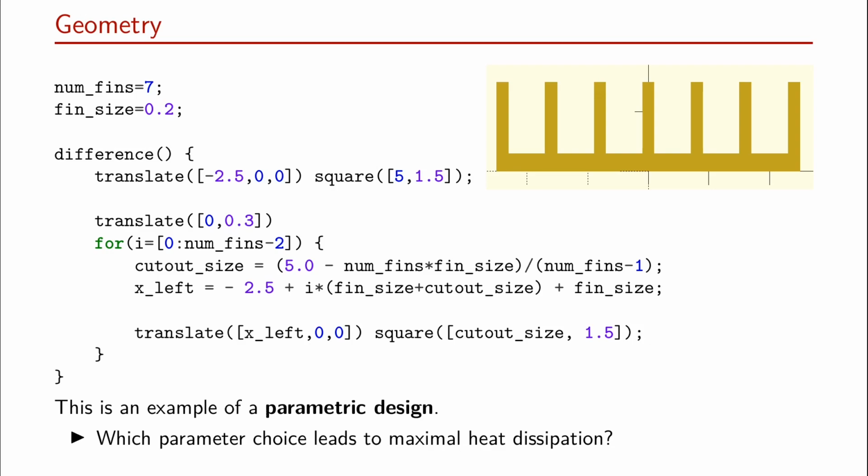Now, why do we care about this? Well, we do care about this because what eventually we want to do is run a simulation. And so one big part of what simulations are used for in practice is to find optimal parameters. So to find how we can vary these parameters such that in this case, for example, the heat dissipation is maximal.